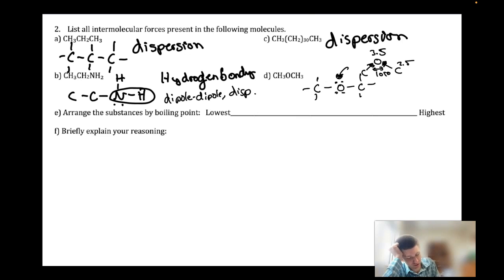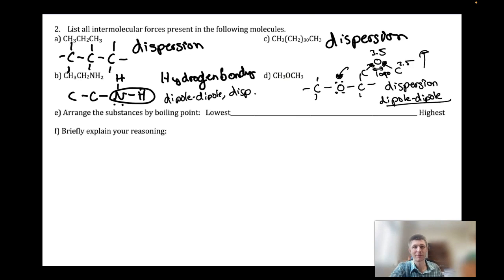So this molecule has polar bonds with the bond dipole pointed toward oxygen, and because it's not in a perfect linear symmetric shape, these bond dipoles won't cancel, and I do have an overall polar molecule. That's generally going to be the case if I have one of these electronegative elements in an organic molecule like this. That will generally make it polar. So in this case, I have dispersion and dipole-dipole forces.